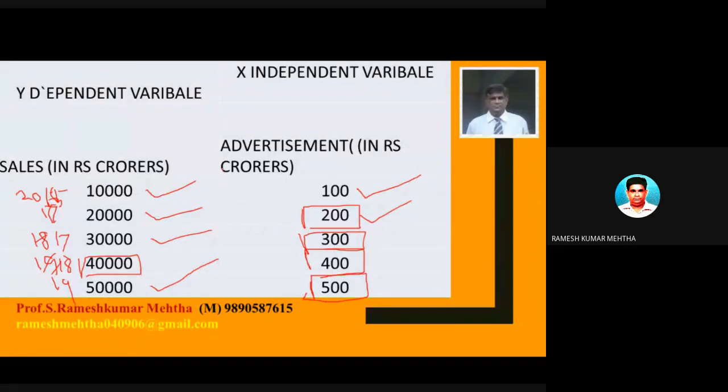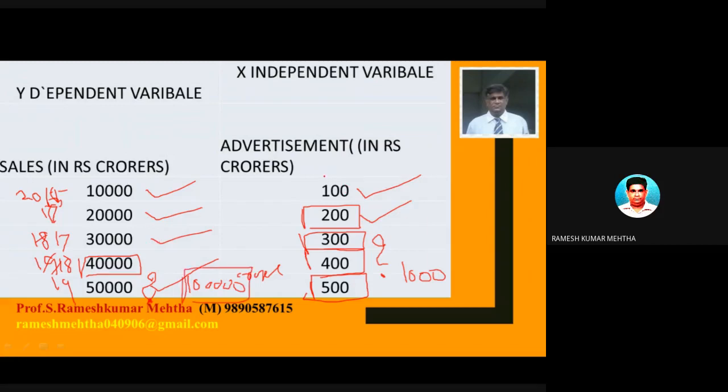Now there can be n number of questions in our mind which we want to solve. For example, if in the year 2020 I am going to spend 1,000 crores on advertisement, what will happen to my sales? How much sales will I register? Or vice versa, if the company has a target of 1 lakh crores in the subsequent year, 2020, then how much should they spend on advertisement so that they can achieve this target?